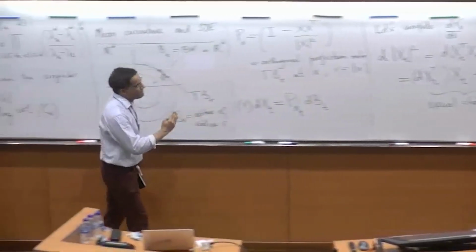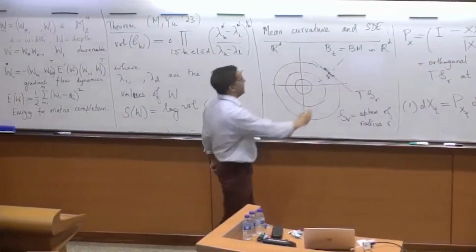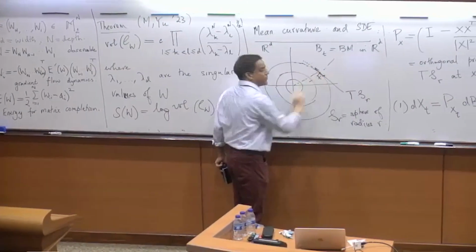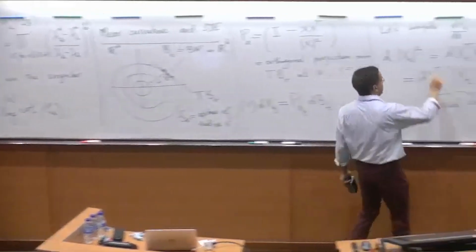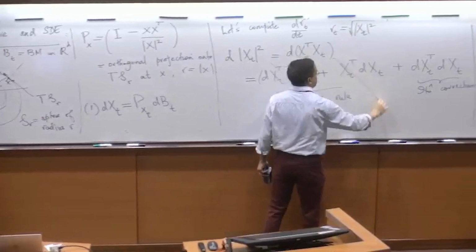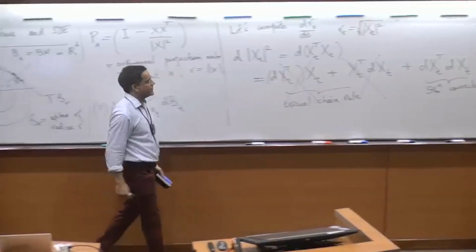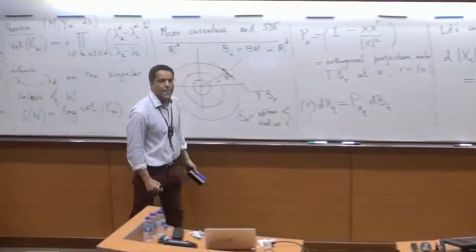What's happened is that I've set up my noise in a way that it's orthogonal to X_t. So this stuff is 0. That's the construction.